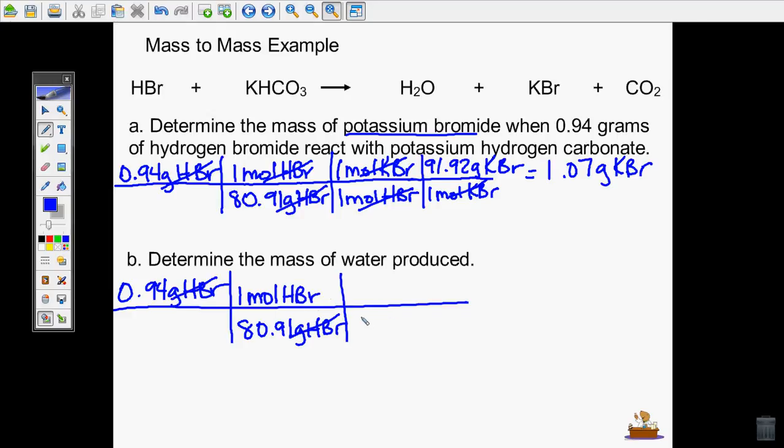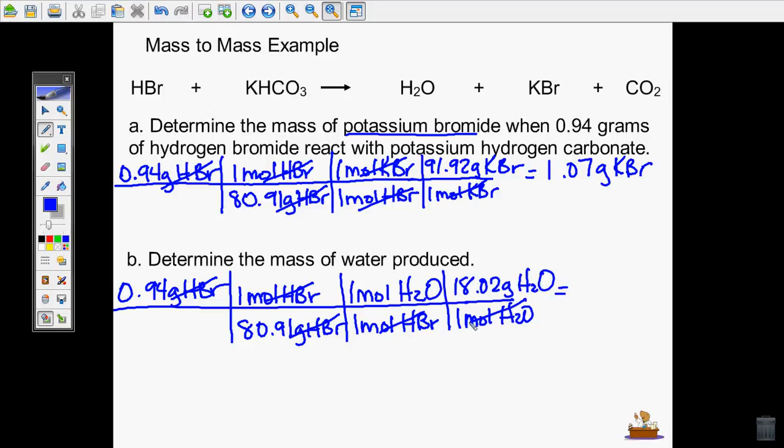And I want water, and I know for every 1 mole of HBr, I have 1 mole of water. That's what my equation tells me. So that cancels. But I want mass of water, so I need the molar mass of water. 1 mole of water is 18.02 grams of water. So that cancels. Alright, multiply across the top, divide by what's on the bottom, I get 0.209 grams of water.